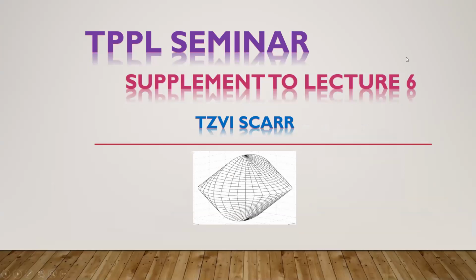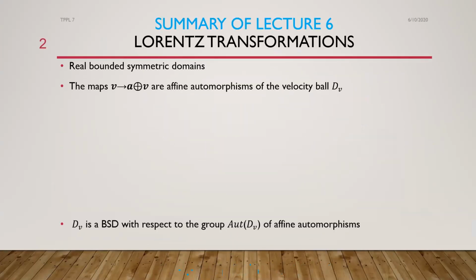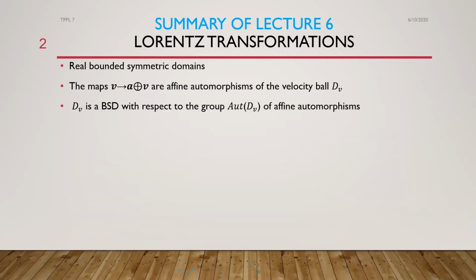So let's talk about some supplementary ideas to the previous lecture. We saw last time, we reminded everyone what a bounded symmetric domain is, and we saw that the velocity addition introduces affine automorphisms of the velocity ball, and the velocity ball is a bounded symmetric domain with respect to this group of automorphisms.